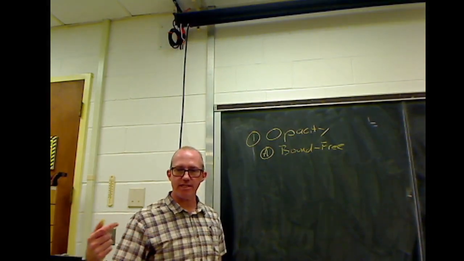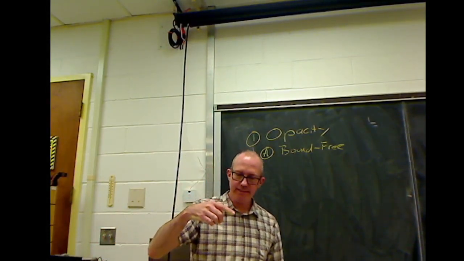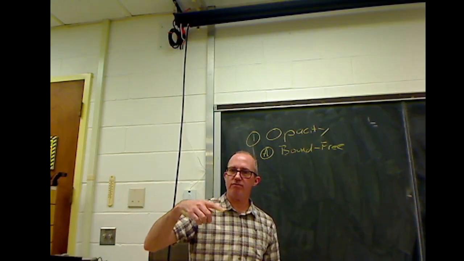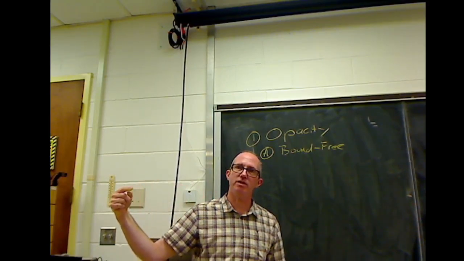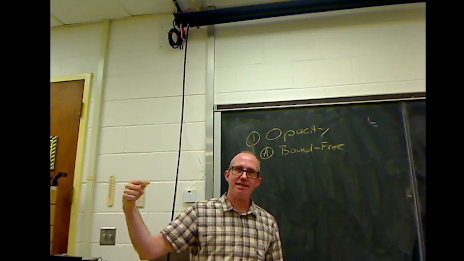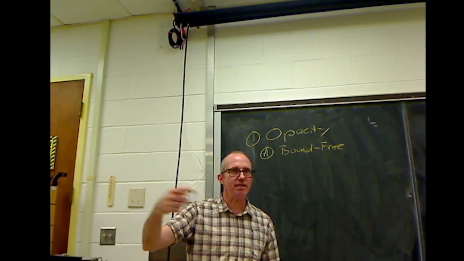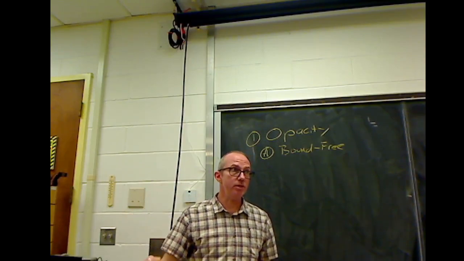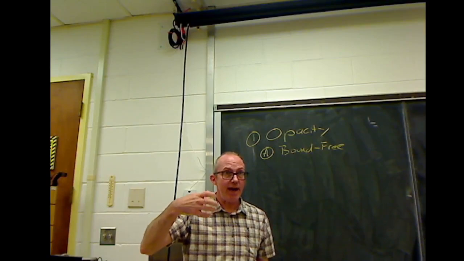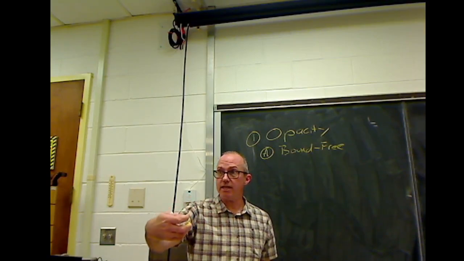Say I've got 10.2 electron volts for that ground state hydrogen transition. If I've got a 20 electron volt photon, it's not going to give off only 10 volts to the atom and then keep on going. It gets absorbed completely, and then the remainder is in the kinetic energy of the atom.